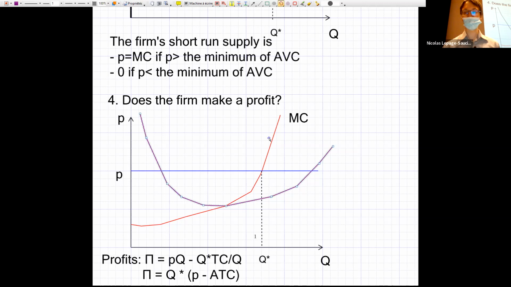And then what will be my profit? Well, it's price minus average total cost times quantity.